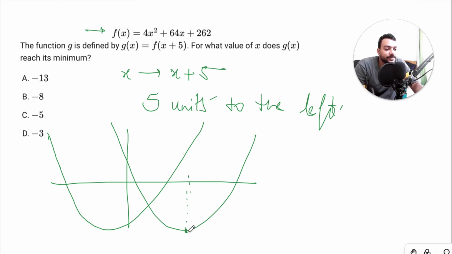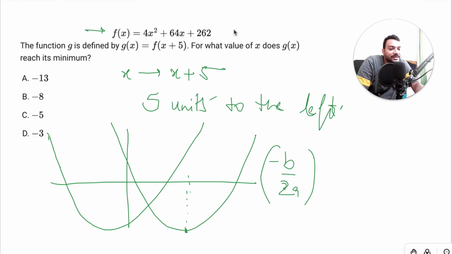This is the vertex. Now the x coordinate of the vertex is defined by minus b by 2a. So in our case, for f(x), this is going to be negative 64 over 8, which is negative 8.